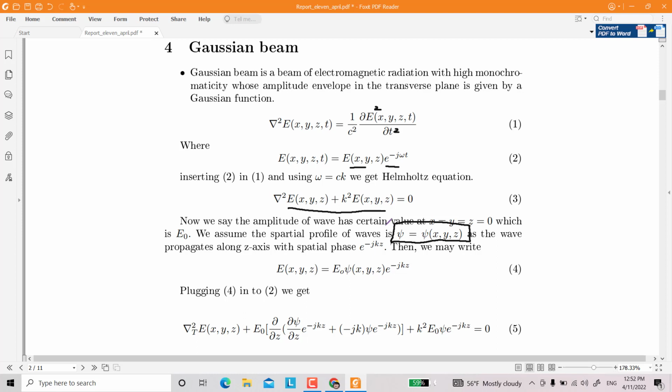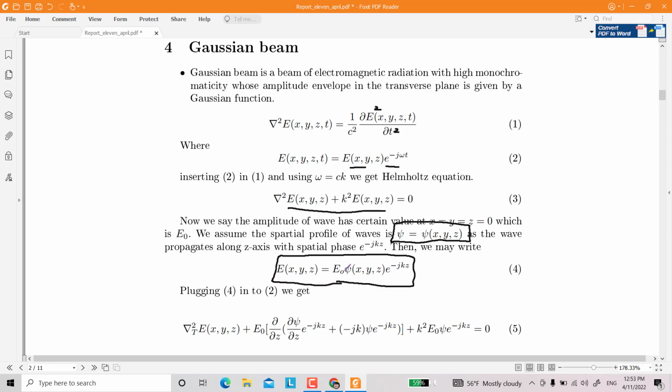The wave is propagating along the z direction with the spatial phase e to the power minus j k z. This e to the power minus j k z is the usual longitudinal phase of a plane wave propagating in the z direction. Using these two terms, psi as a function of x, y, z and e to the power minus j k z, the spatial part of the electric field E of x, y, z can further be written as this, right?